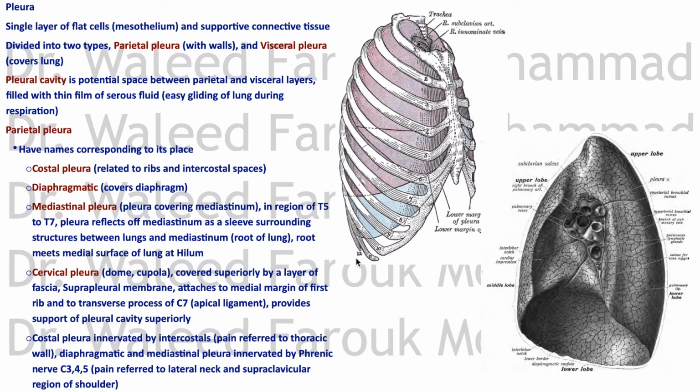The parietal layer lines the thoracic cavity, and the visceral layer is directly applied to the lung and goes with its fissures and is adherent to it.